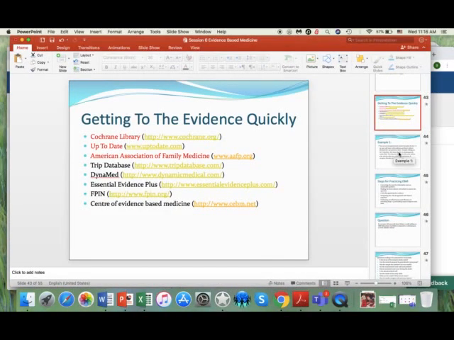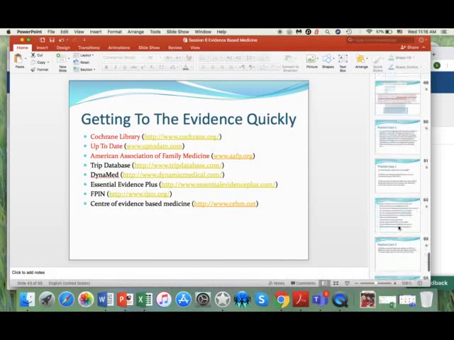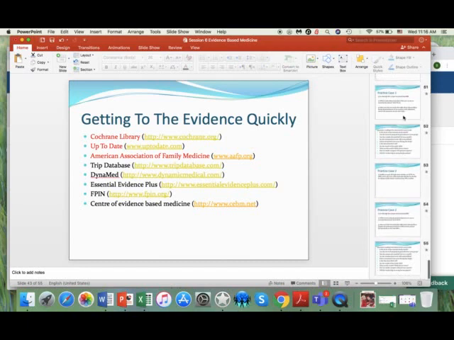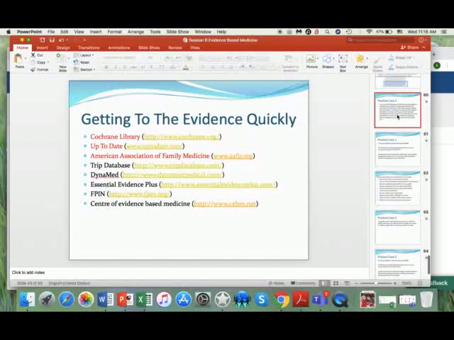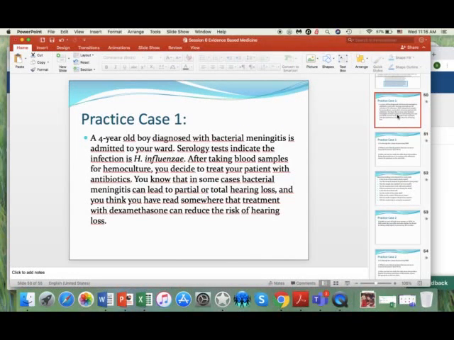So just last thing here, if we have a practice case, and this is what I want you to do for homework: there's a 4-year-old boy diagnosed with bacterial meningitis who is admitted to your ward.